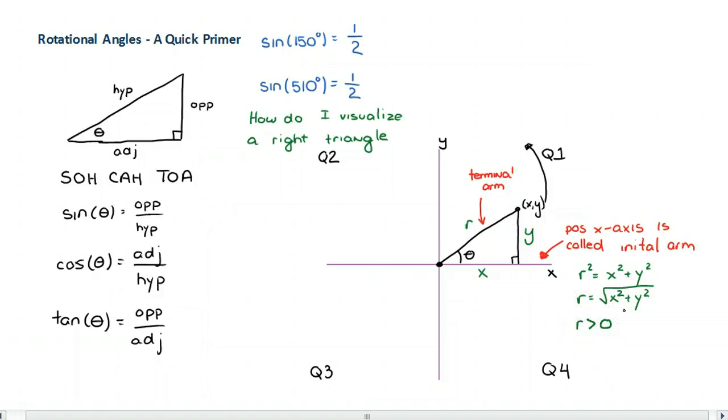So r is always positive, and this is very important. So once we've done this diagram, we can now redefine sine, cosine, tan in terms of x, y, and r. So sine becomes y over r, cos becomes x over r, and tan becomes y over x.